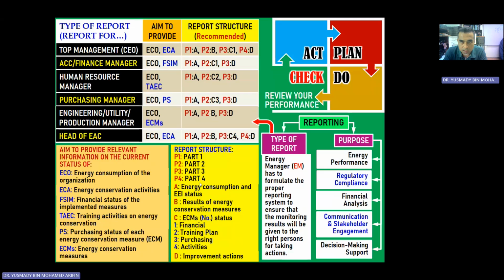Part number 2 involves item B, result of energy conservation measures. Part number 3 involves C4, energy conservation measures based on activities status. And the last one, part number 4, refers to item D, the content that relates to the improvement action. So these are different types of report based on who will receive the report.